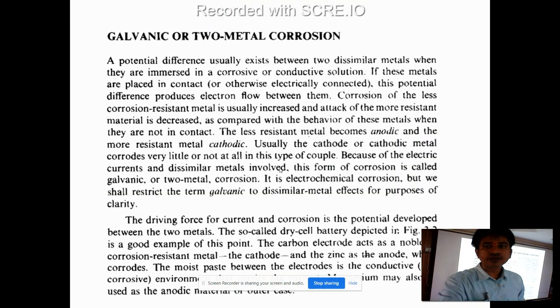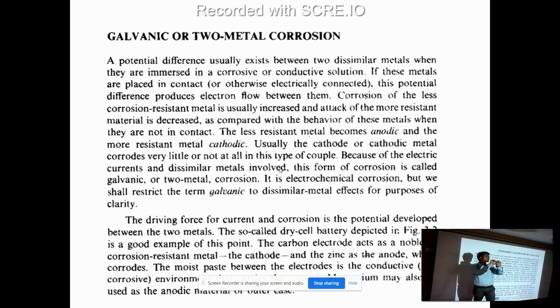Okay. Galvanic corrosion we have already seen. What is galvanic corrosion? When two dissimilar metals are in contact, the metal which is higher in the series will always become the anode. The metal which is lower in the series will always become the cathode or inert. So the metal which is higher in the series will corrode by sacrificing itself for the cathode.